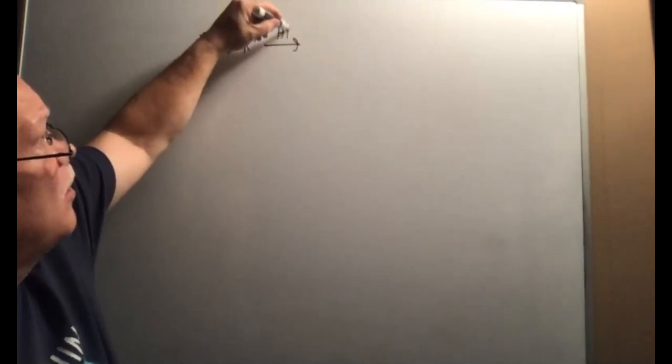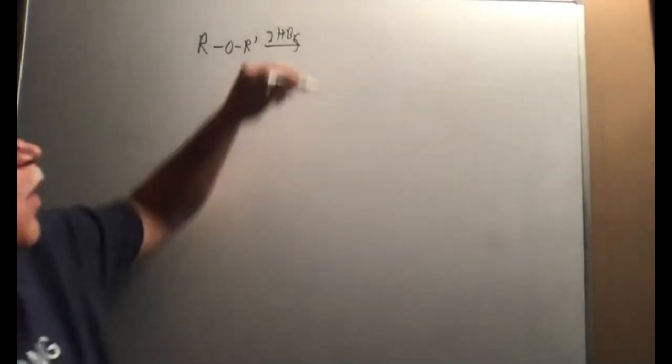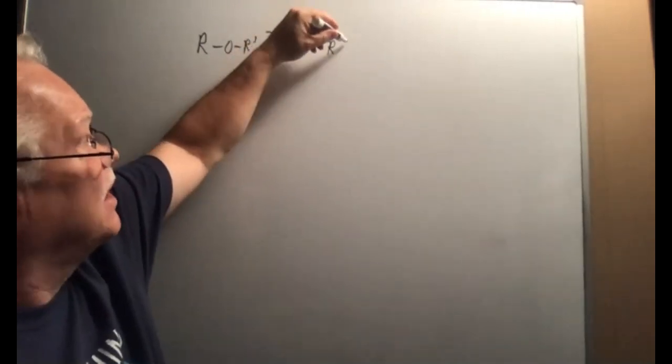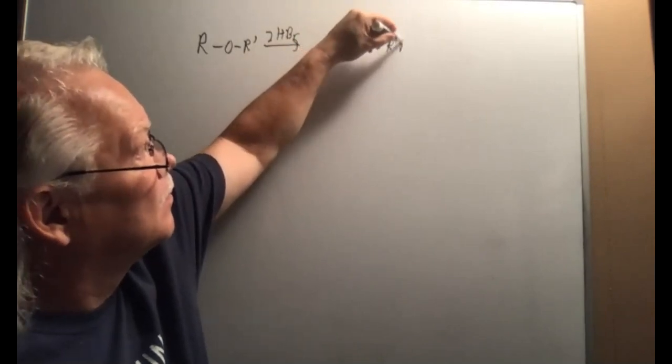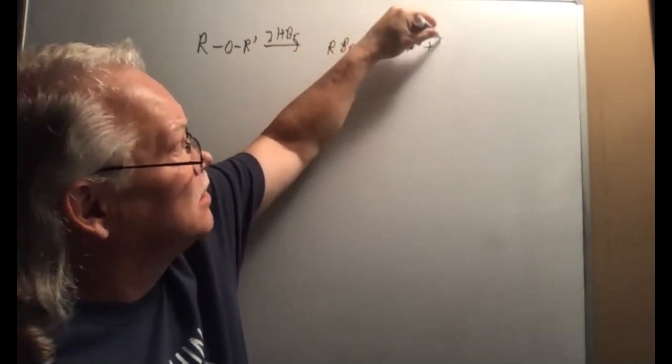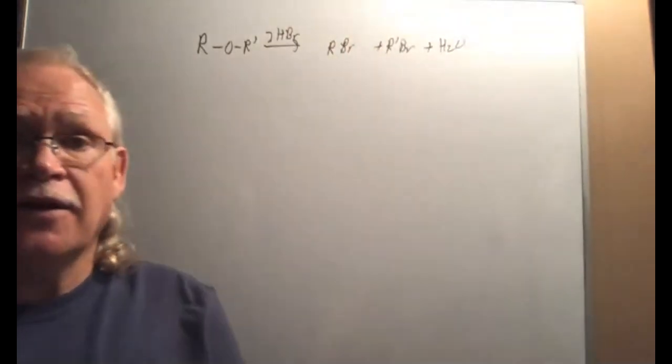Okay, if we take an ether and react it with HBr, and let's put 2 of them in there, what we end up getting out of this is 2 halides plus water. Now listen carefully.